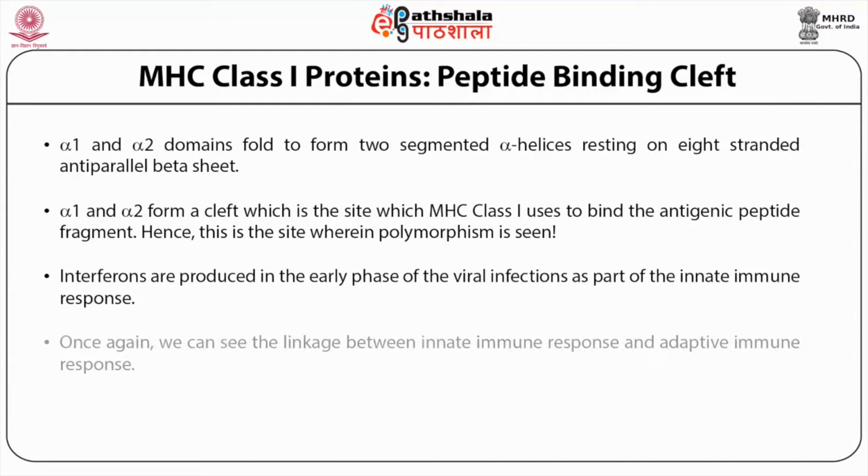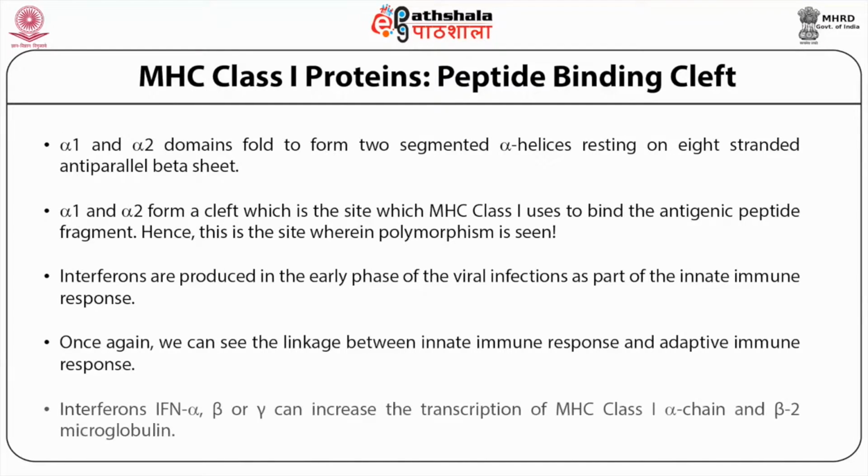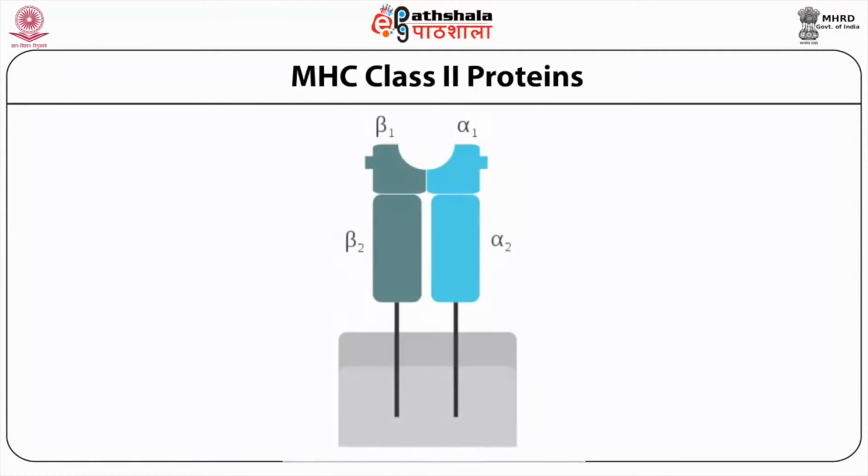Again, we can see the linkage between innate immune response and adaptive immune response. Interferons IFN-alpha, beta or gamma can increase the transcription of the MHC class I alpha chain and beta 2 microglobulin.